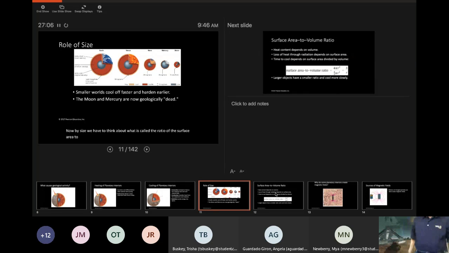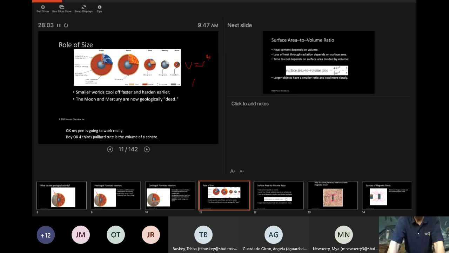Now, by size, we have to think about what is called the ratio of the surface area to the volume. Once again, I'll try and draw this. I might be being very foolish, but I will try. Volume for a sphere, and we're assuming that all planets are spheres, is 4/3 pi r cubed.